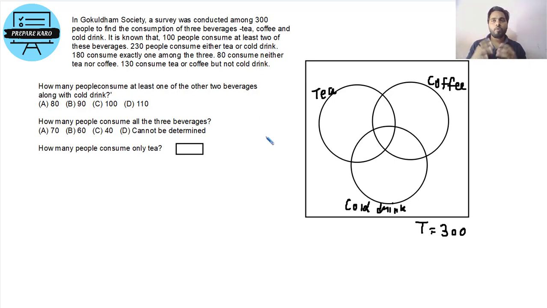See, while solving questions of Venn diagram, and particularly when we are solving questions of 3 variables and 4 variables, we do not assume variables as A, B, C, D, E, F, G. This will be a very lengthy process. Rather, we think in terms of exactly 1, exactly 2, exactly 3, none, exactly 4. We think in these terms so that the number of variables is lesser, right?